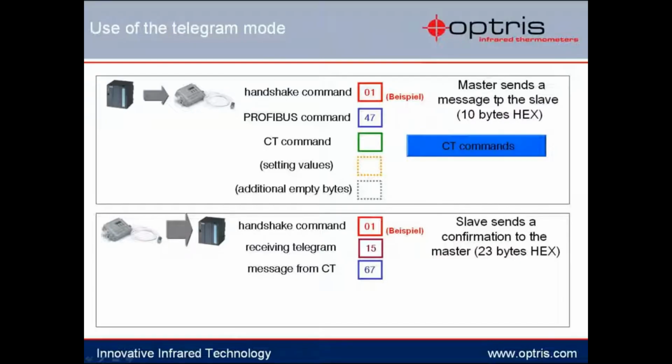This is always the value 67. Afterwards, either the answer values from the sensor will follow if a request was sent, or the values of the change will be received if a request for new settings at the sensor was sent. As 23 bytes must be sent and received by the PLC, the missing bytes will be filled by zeros.